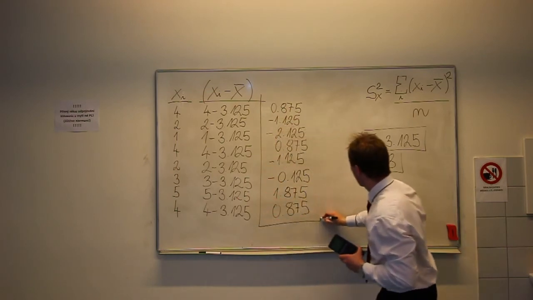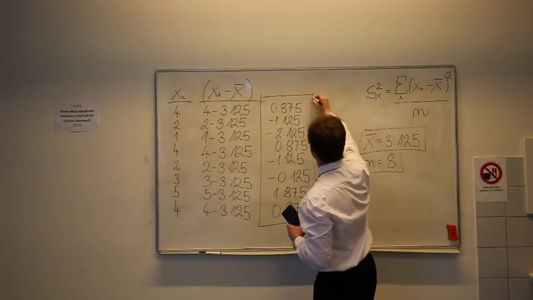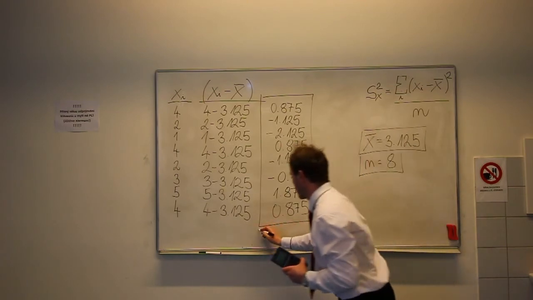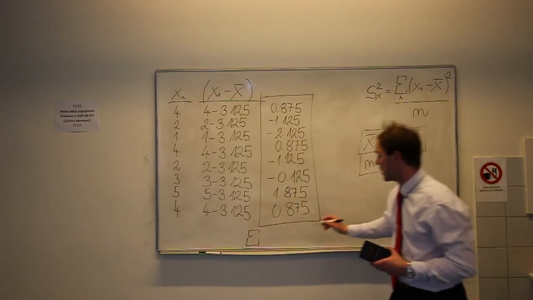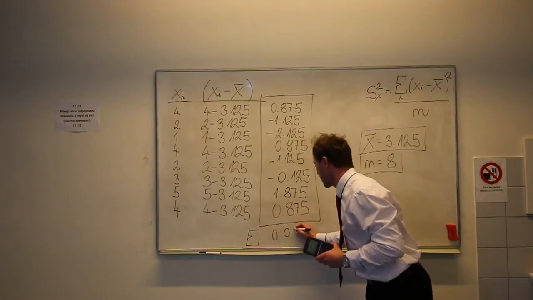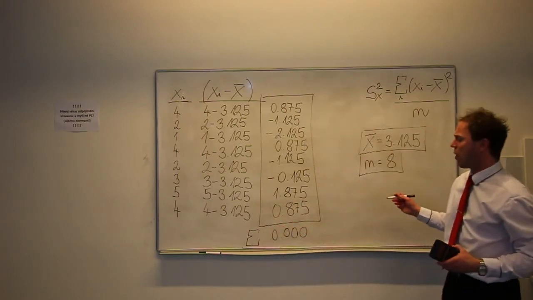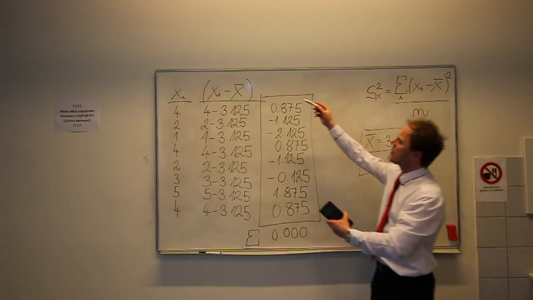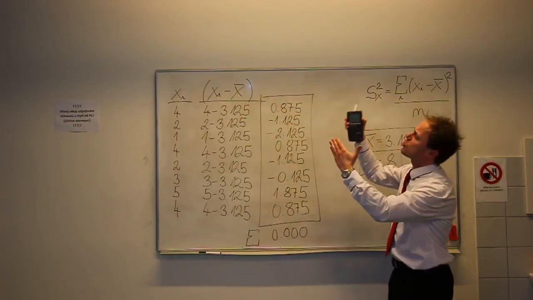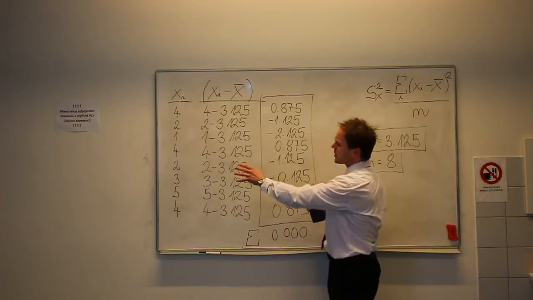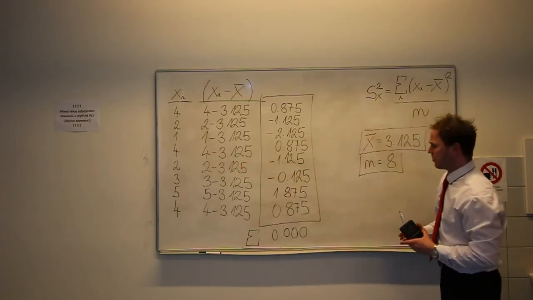You can try to calculate the summation of these differences, and you will see that the summation is 0.000. It means that the values are centralized around the mean.